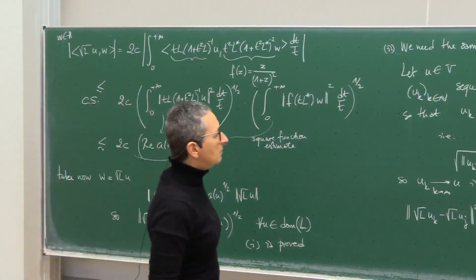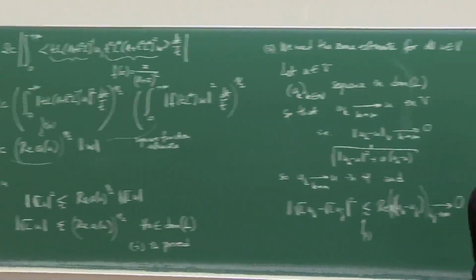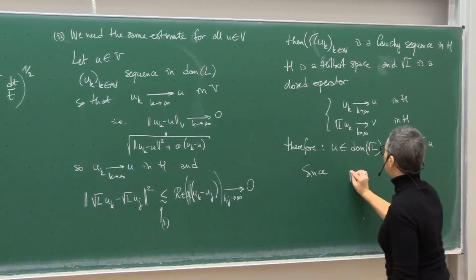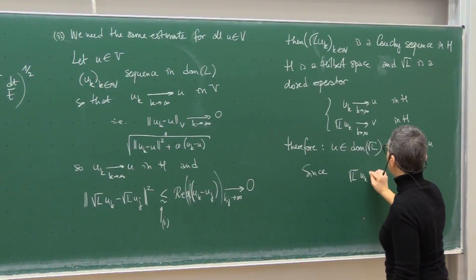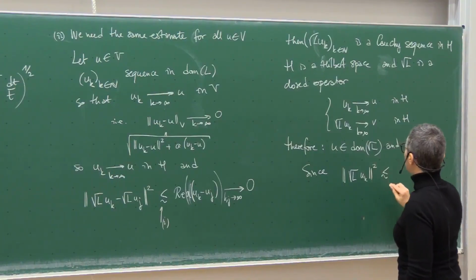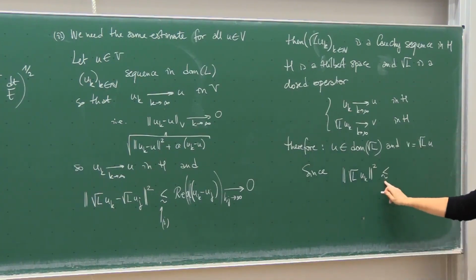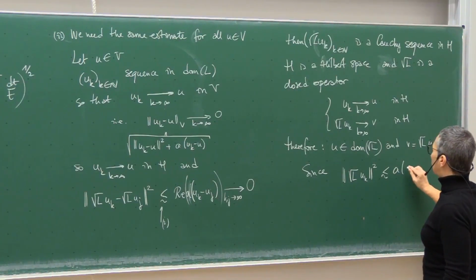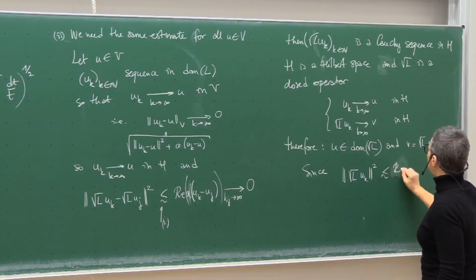We had, since the square root of L applied to u_k squared was less than or equal, and this constant is independent of almost everything, A of the real part of A u_k.